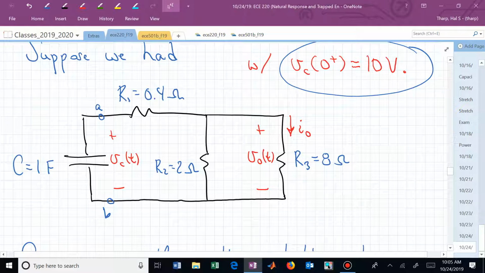So now we could say there's an effective resistor there in series with R1. Hint, hint. Do you see what I'm begging you to see? V sub 0 you can find by a voltage divider. You can now just divide V sub C across those two combinations of resistors to find V sub 0 of t.